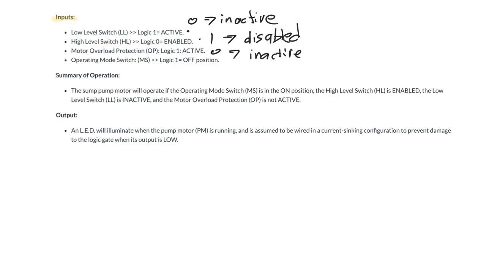Whether it's an electronic, thermal or magnetic overload, normally it's in its rest state, letting motor current flow. That's its inactive state, and in the event of an overload, it becomes active. Then there's the operating mode switch, and it's logic 1 when it's off. So you will agree that in the on state it must be logic 0.